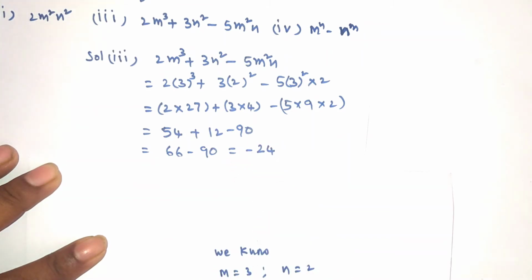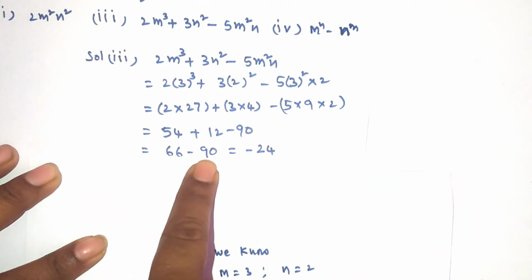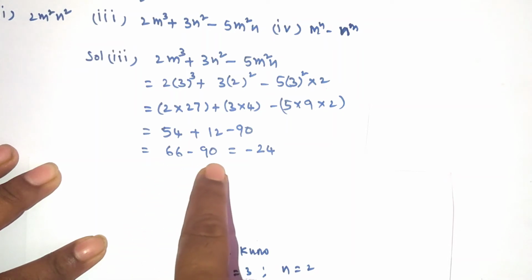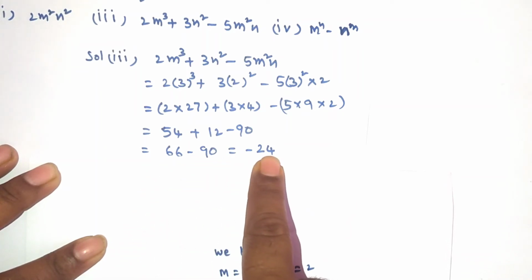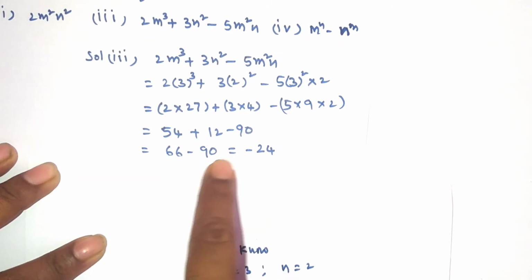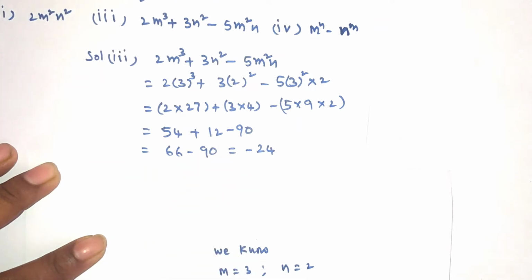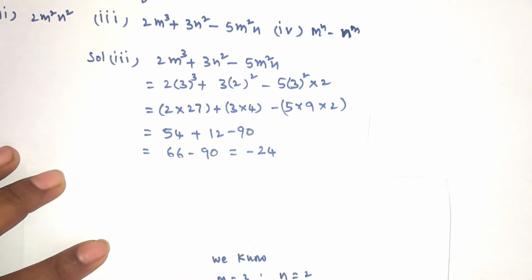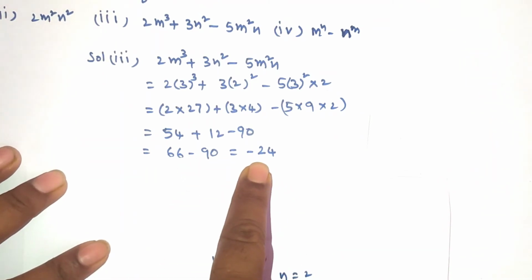Since here 90 is more than 66, we deducted 66 from 90. Then we got 24. Then we got a minus value here, as the minus value is more. Minus 24 is the final answer for problem number 3.